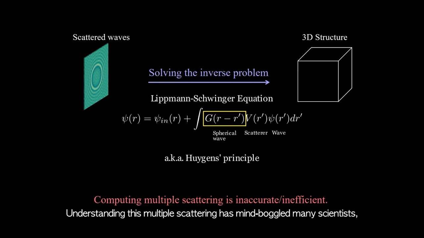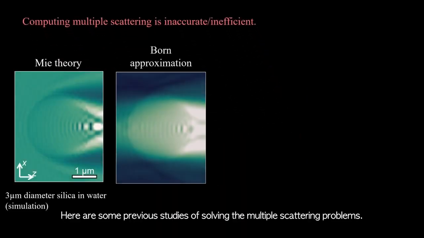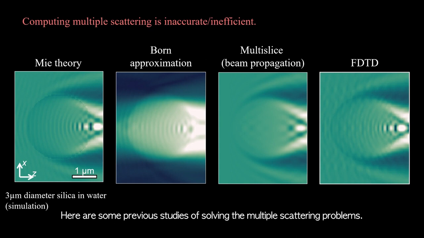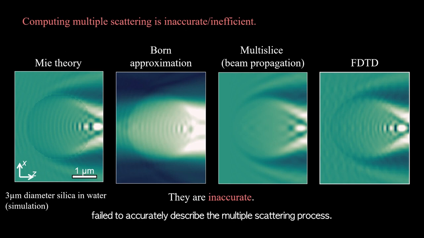Understanding this multiple scattering has mind-boggled many scientists, and previous methods of tackling this multiple scattering have been either inaccurate or inefficient. Here are some previous studies of solving the multiple scattering problems. Some methods, including the Born approximation or the multi-slice method, fail to accurately describe the multiple scattering process.